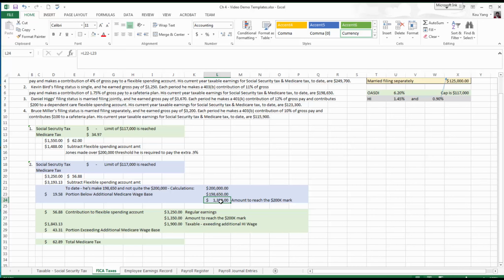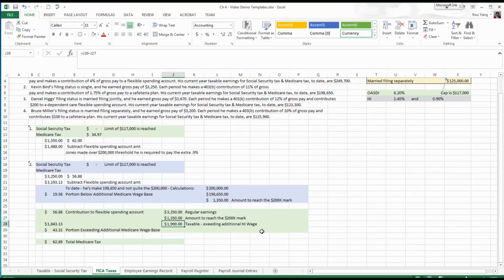So what I did was I took, once again, his regular pay, okay, and then subtracted, well, I took the 200,000, subtracted what he has earned up to date to get a difference, and this difference is what he's going to need to reach that 200,000, which means this is the amount that's going to be taxed under the regular 1.45% rate.